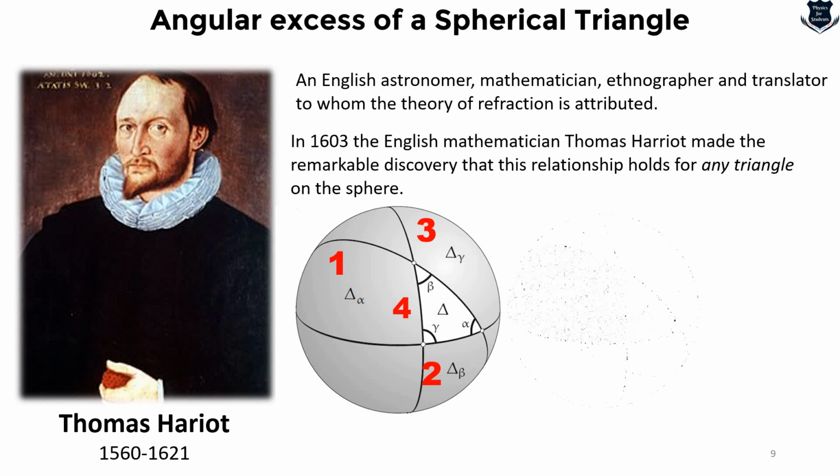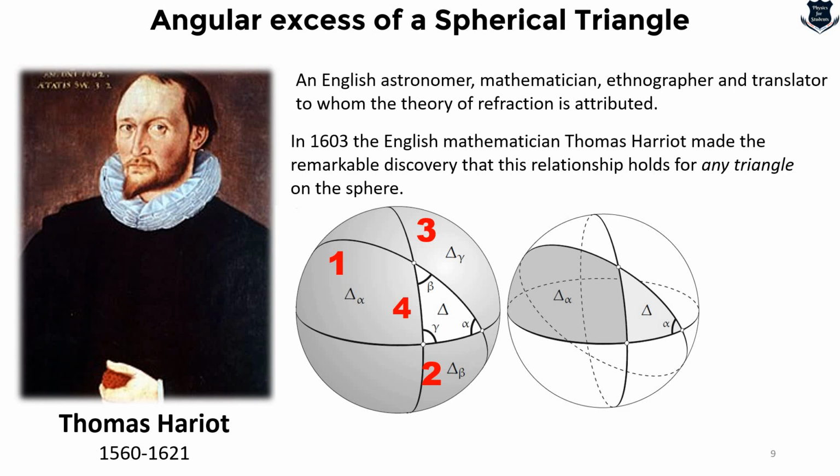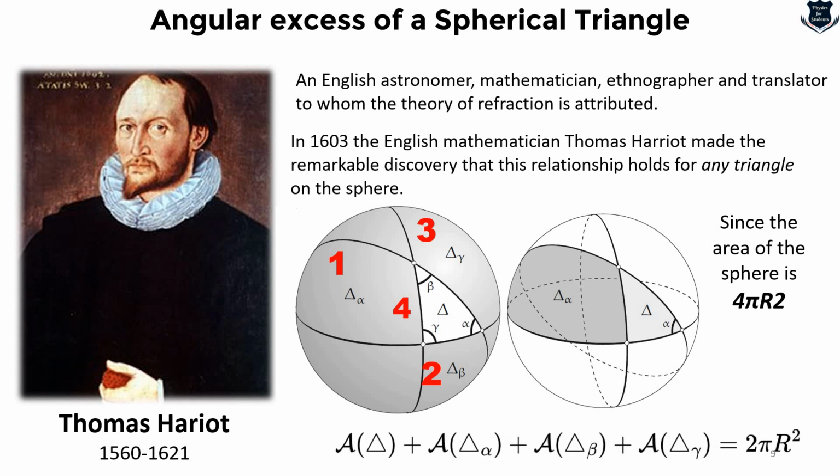So it is clear that if I take this kind of figure, since the area of the sphere is 4 pi r square, we can deduce this one. So we add the angle alpha, then the angle beta, and then the angle gamma.